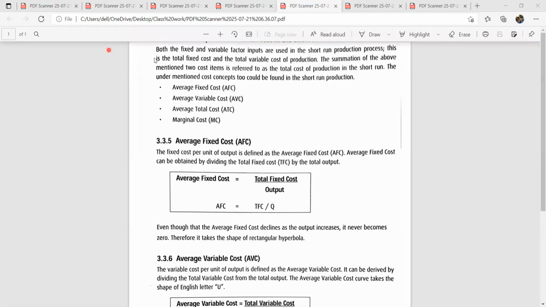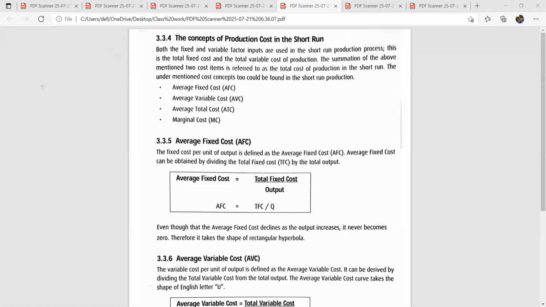So simply, you may consider a total of 7 concepts: total fixed cost, next one, total variable cost, and total cost.